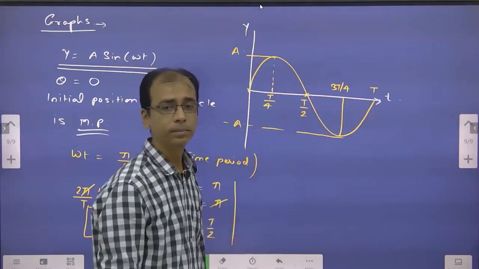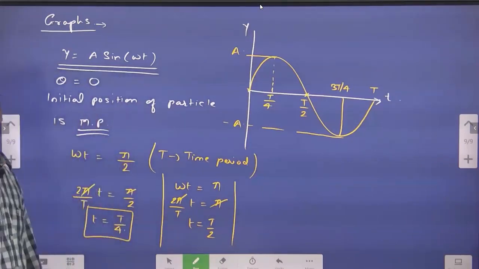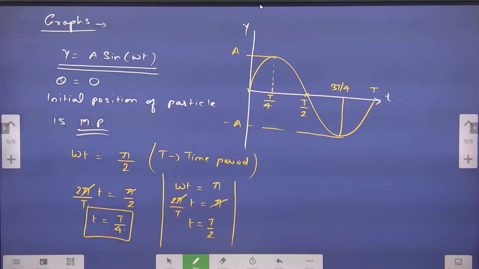Is that clear? Any doubt? Any doubt, students? Yes, okay.